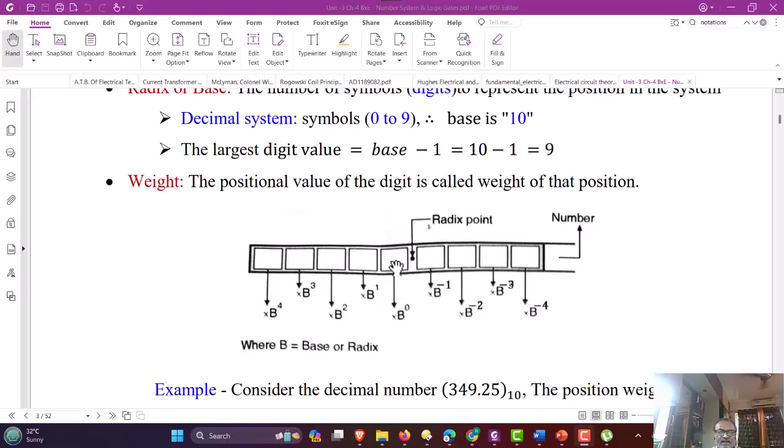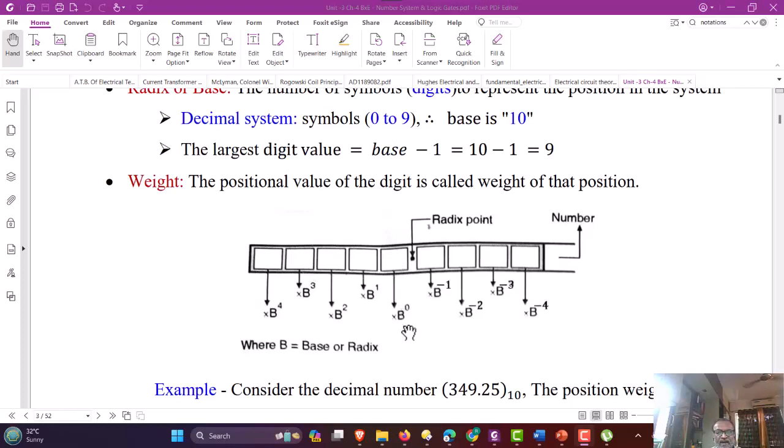So let us see the position here. Let us consider the position is numbered from 0. So 0th position is immediately to the left of the radix point, then first position, then second position, then third position, and so on.